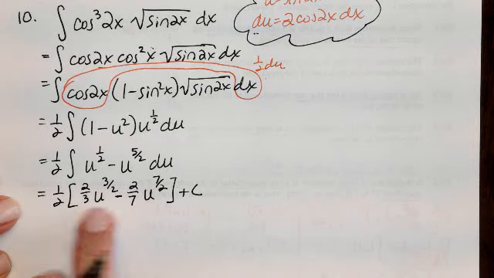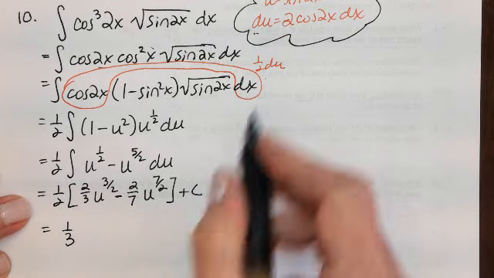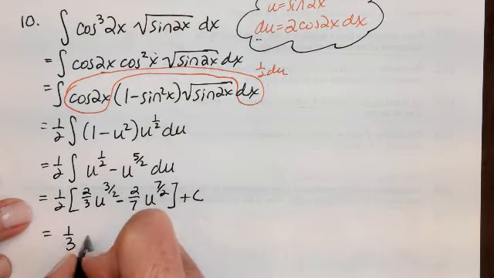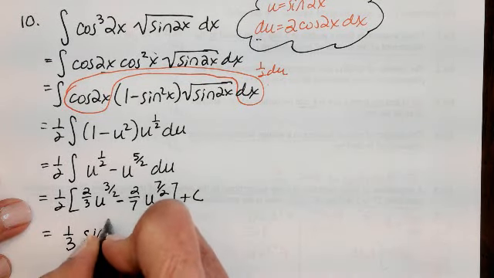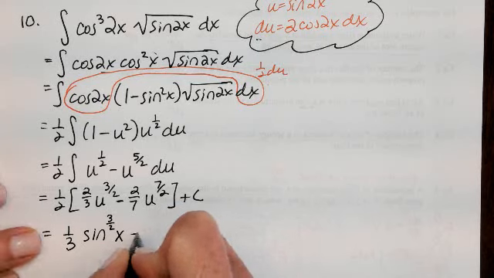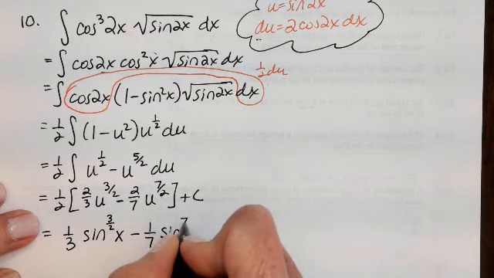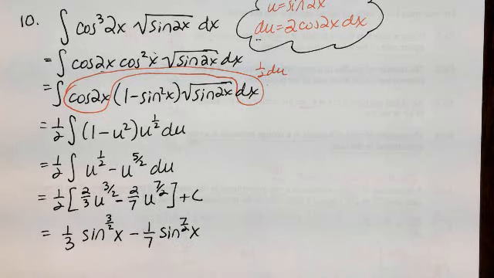We factored out like the common thing on the bottom. Anyway, this would be 1/3. u was our sine of 2x. So sine to the 3/2 x minus 1/7 sine to the 7/2 x plus c.